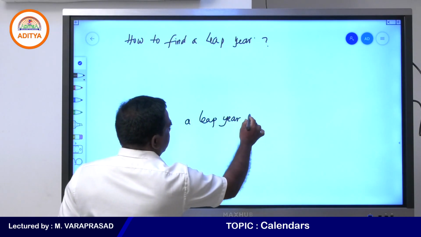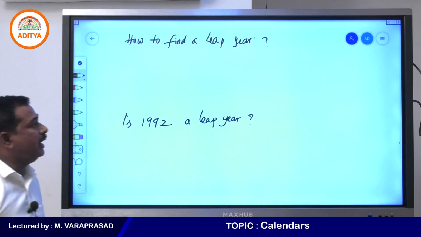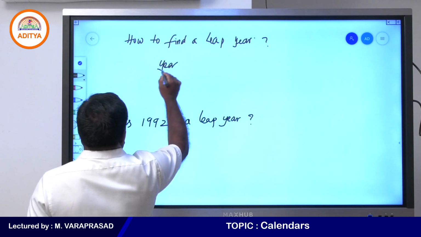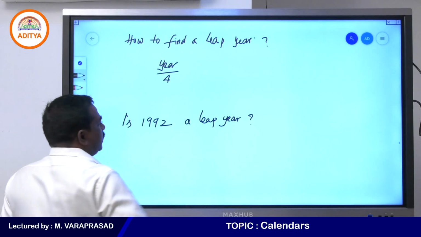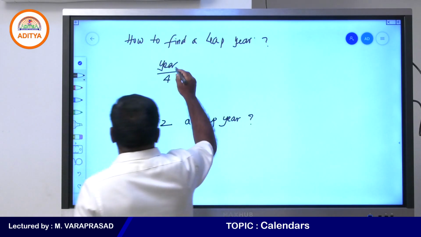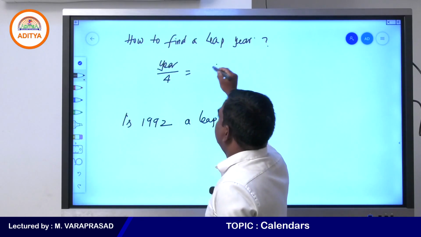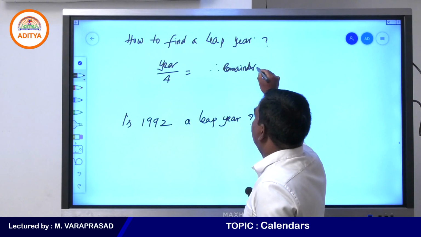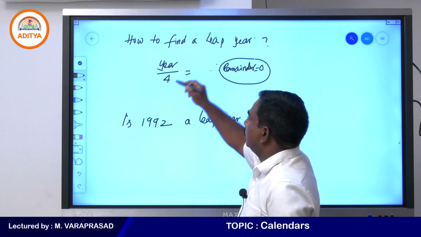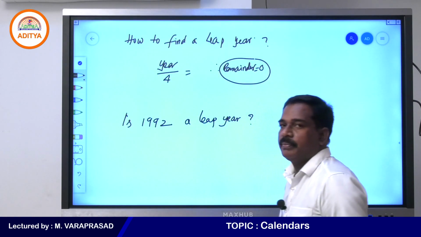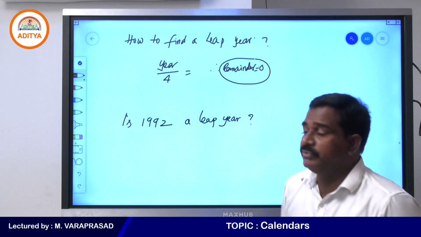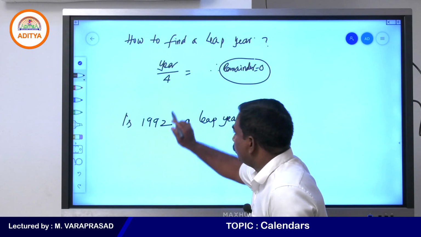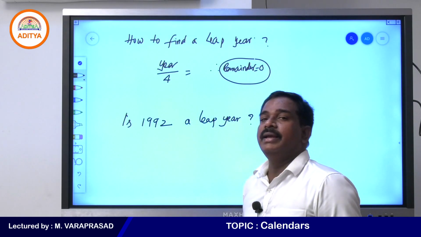How to find a leap year? The year should be divisible by 4. If you get the remainder 0, then that is a leap year. The given year should be divisible by 4, then it is a leap year.